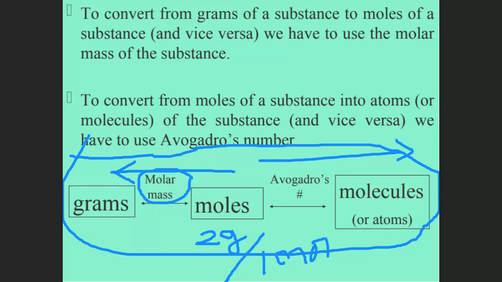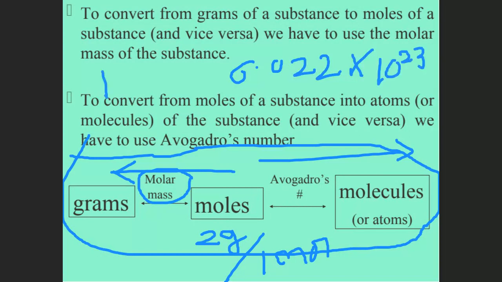We will use molar mass. But when we need to convert moles to molecules or atoms, we need to use the Avogadro number. Why? I just told you that 1 mole of hydrogen atoms contains 6.022 times 10^23.